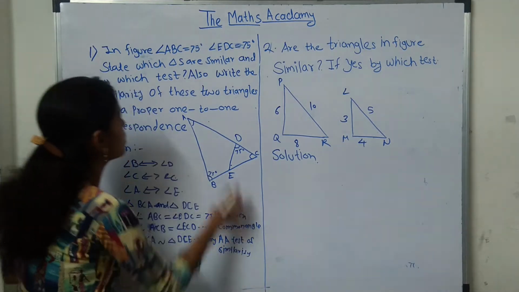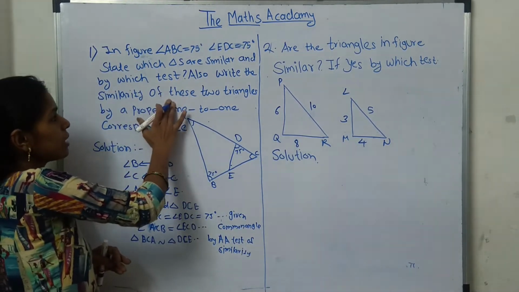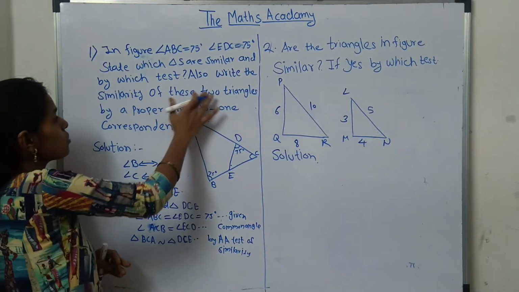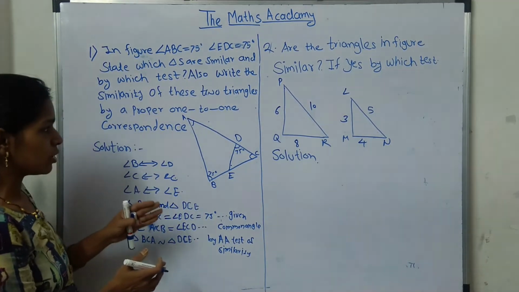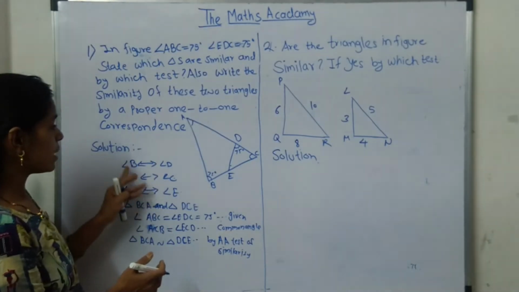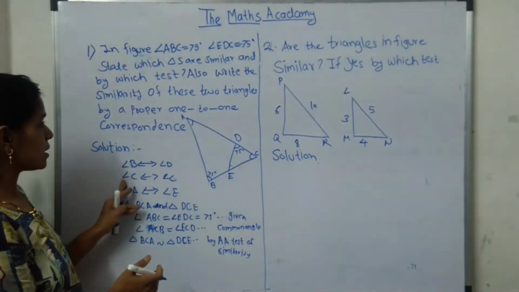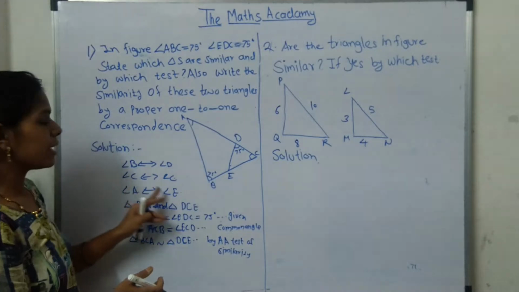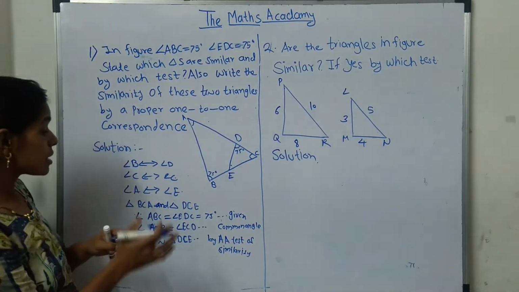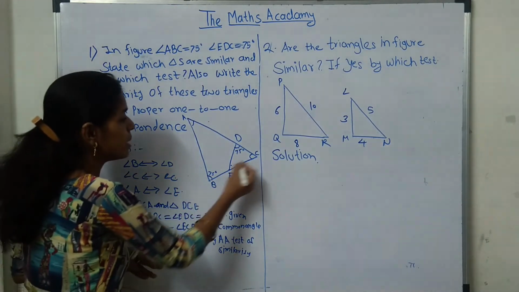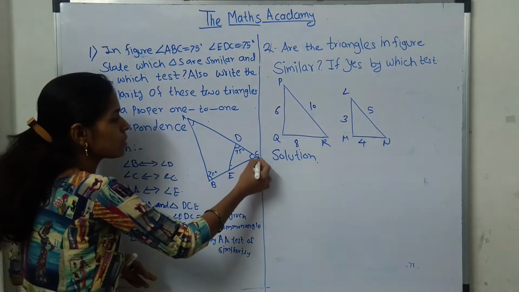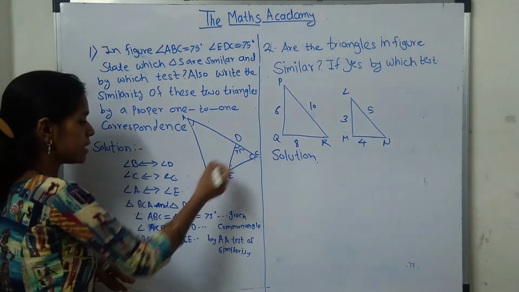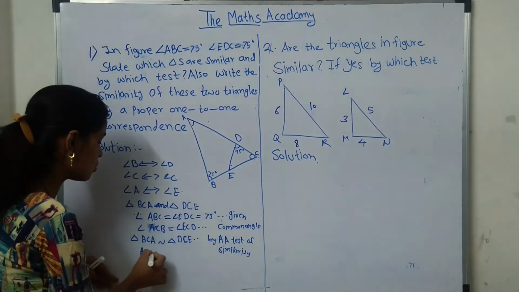This is the first question that we have got. Also write the similarity of these two triangles by proper one-to-one correspondence. Writing by one-to-one correspondence means angle B corresponds to angle D, angle C corresponds to angle C, angle A corresponds to angle E. Now the sides: side BC corresponds to side DC.